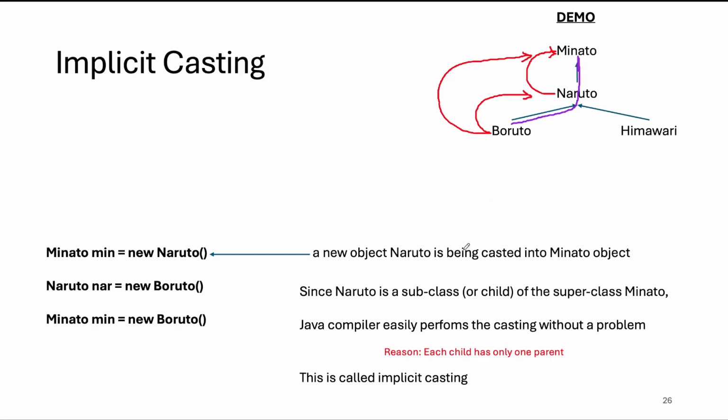No need to worry, because a child can have only one parent, so it is easy to traverse and identify the right parent. That's the reason why we don't need to mention the parent casting. This is called implicit casting.